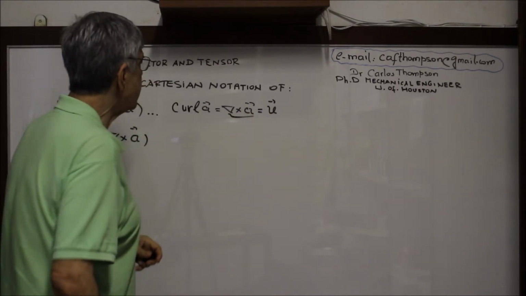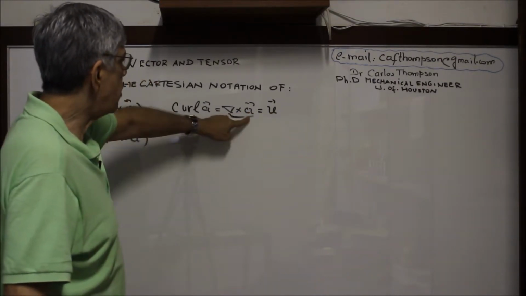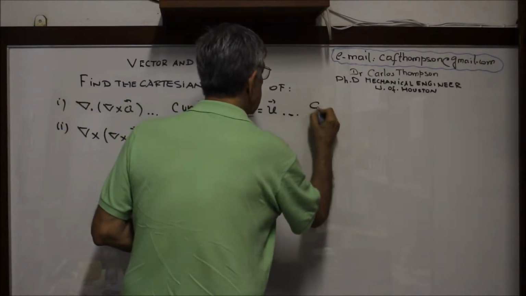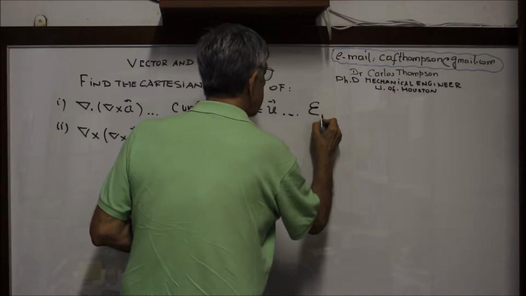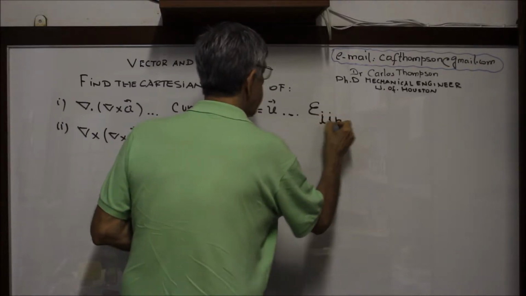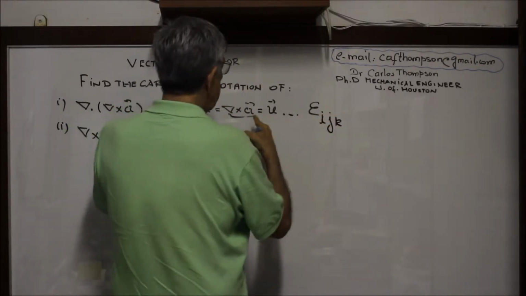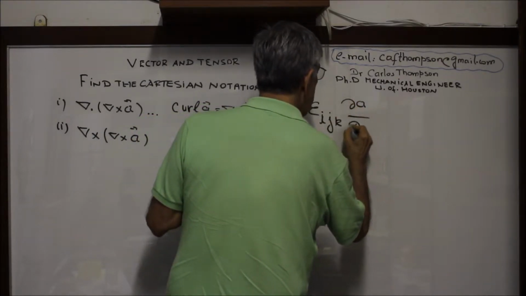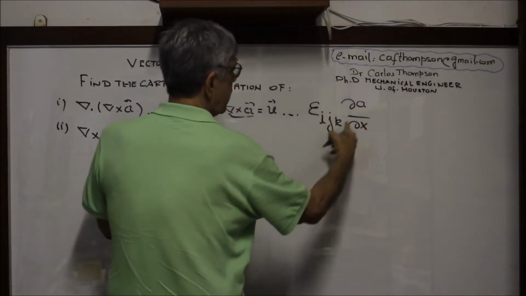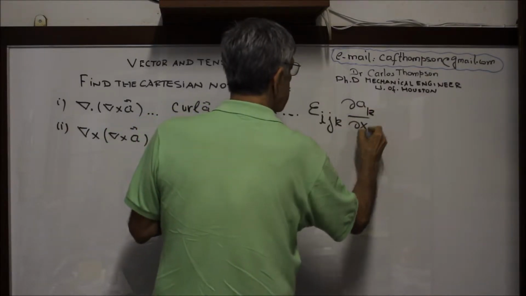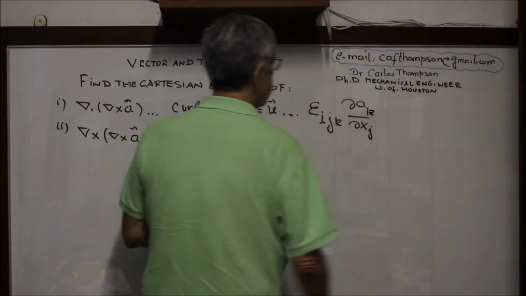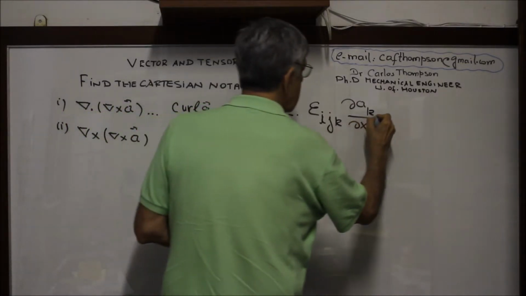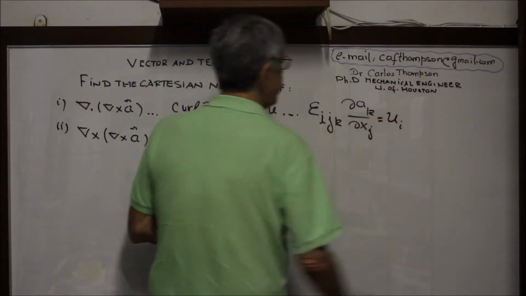Now let's represent the curl of A in terms of the permutation symbol. So this is epsilon ijk, now partial of Ak with respect to xj. The k goes up there and j comes up here. So this is my vector Ui.